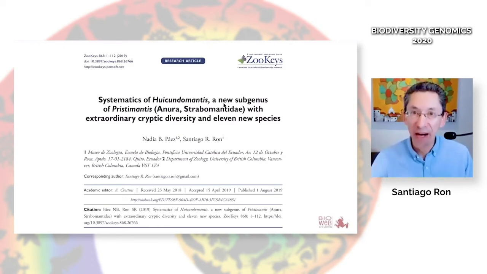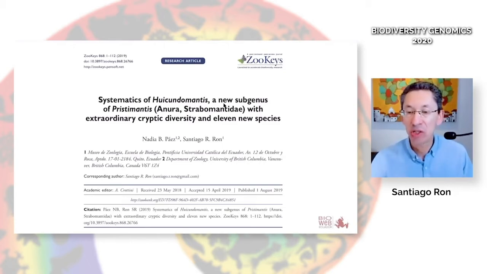Right now we are starting to use genetic evidence, and those new data are allowing us to discover an impressive amount of cryptic species, of cryptic diversity, which in the past has not been discovered because morphological information by itself was not enough to correctly delimit the limits among species.